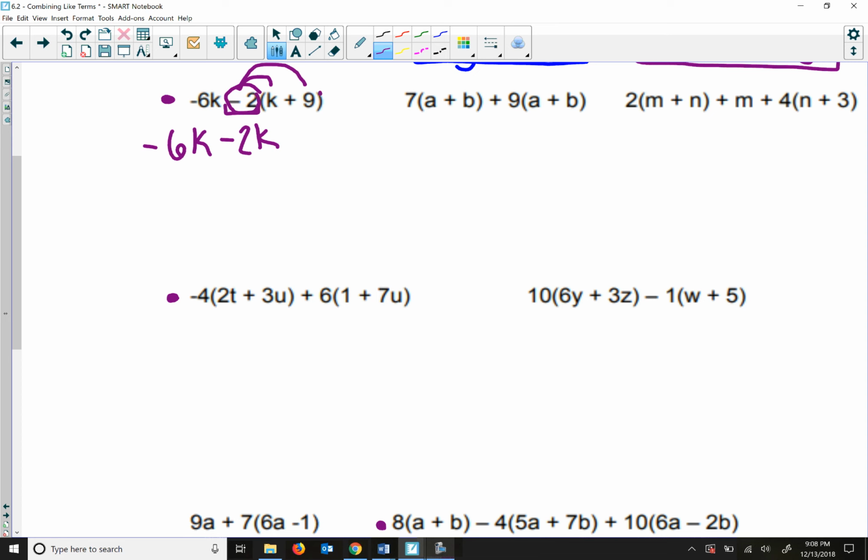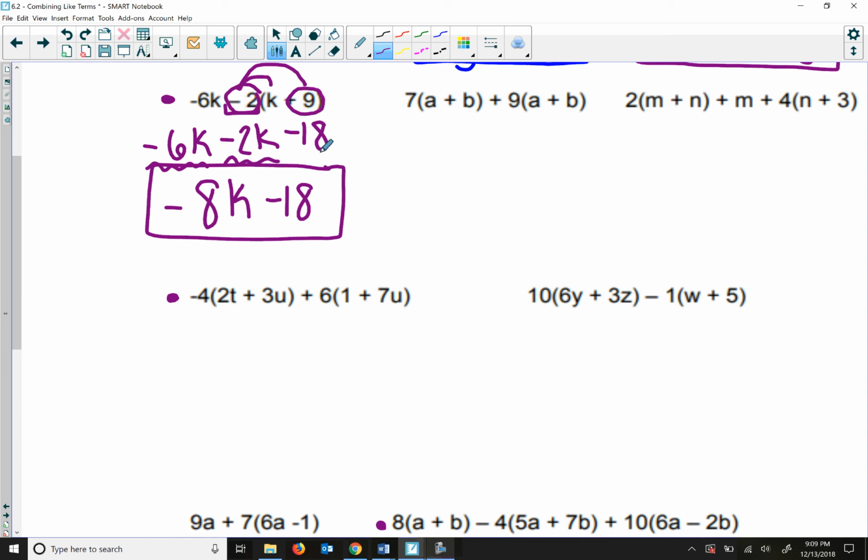Negative 2 times 9, which gives me negative 18. Okay, so that negative has to come with. I've got to search for those like terms now. So negative 6 and negative 2. I've got negative 8k minus 18. So there it is. It's all simplified, ready to go.